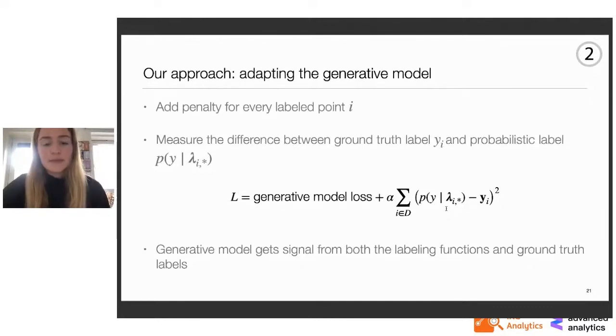So that's the main idea that helps us actually use these labeled points to get a better generative model that combines the labeling functions, and then also better labels and a better discriminative model performance.